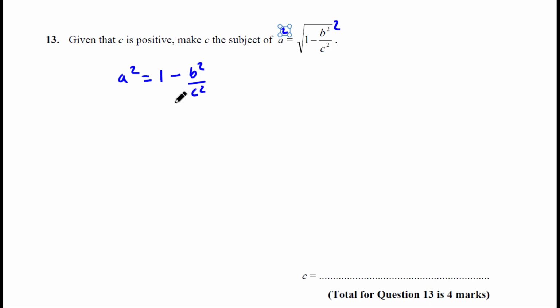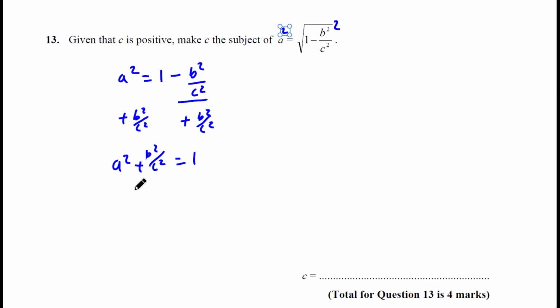Now I want to deal with a positive term here, because we're going to need to square root later to find c, and you can't square root a negative number. So I'm going to add b squared over c squared to both sides, which gives a squared plus b squared over c squared equals 1.